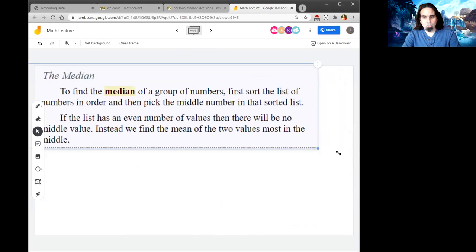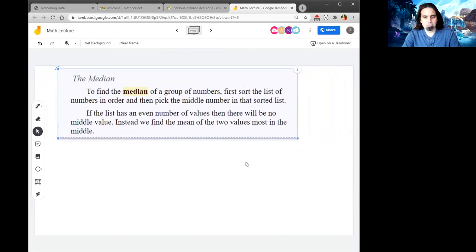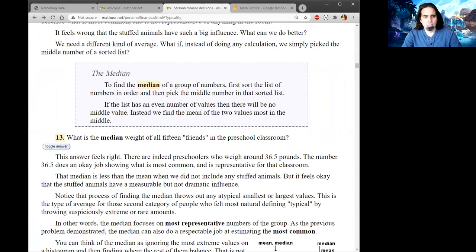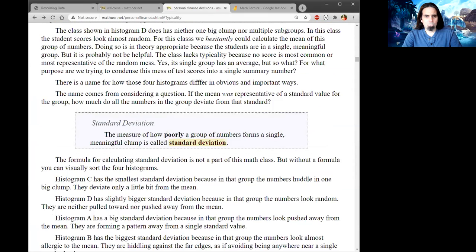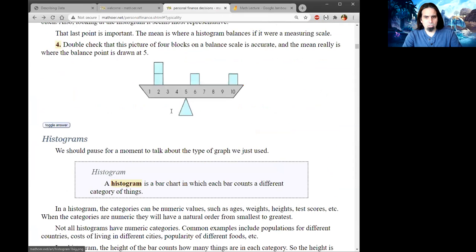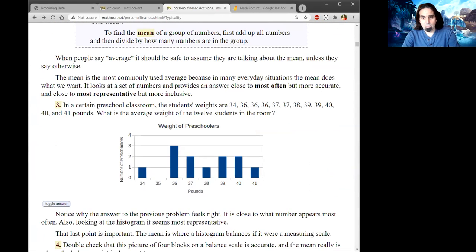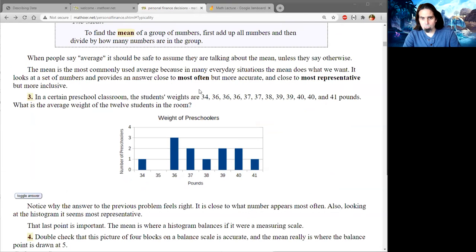That's big, not so big. So let's go back up a little bit, grab the preschoolers' weights. Pardon me while I make that wide.